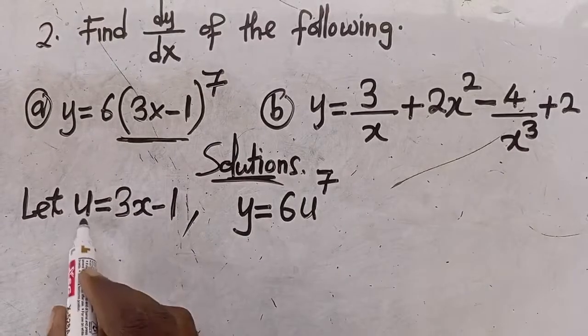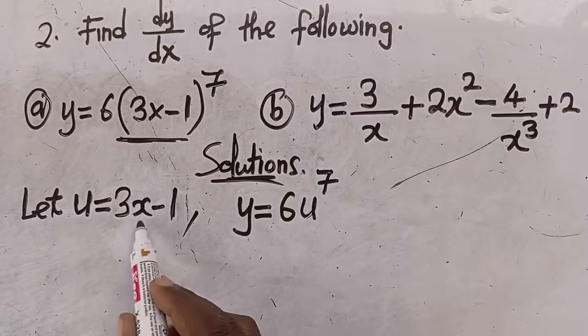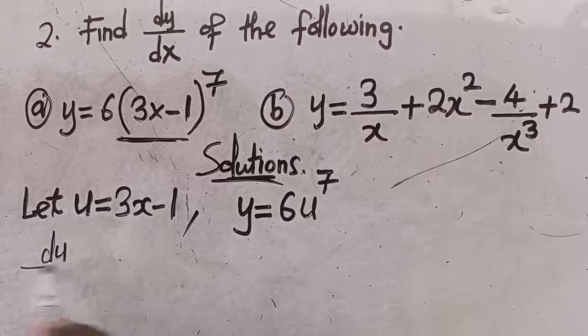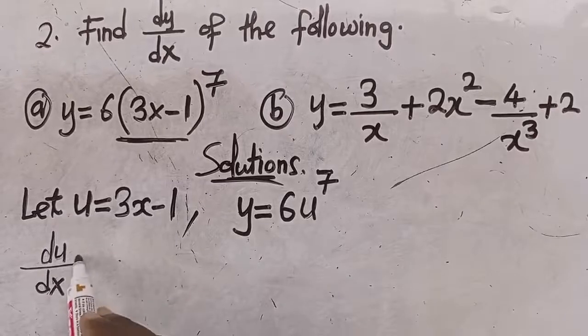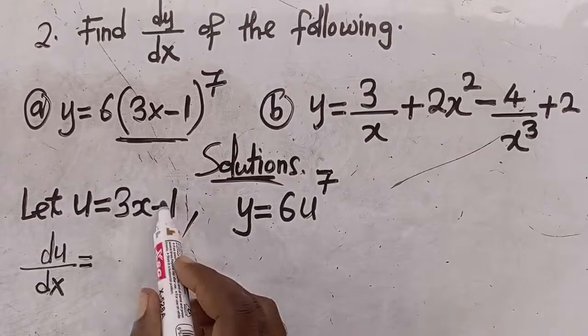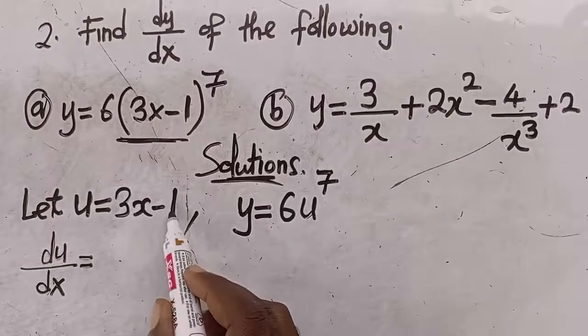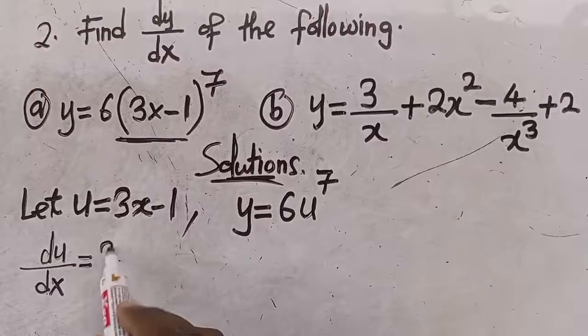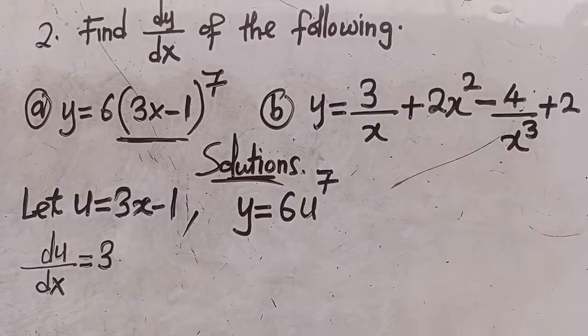So we are differentiating u with respect to x. So we are saying du/dx, which is equal to, how can you differentiate this? When you differentiate 3x, it is the same as getting the coefficient, which is just 3. So the derivative of this is just 3.